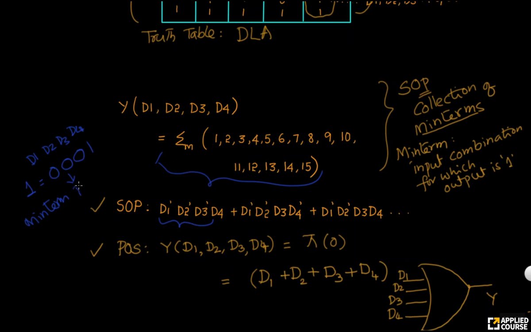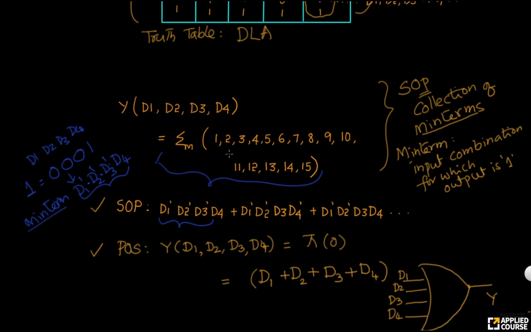So I have to write D1 prime, because 0 into D2 prime, again it is 0 into D3 prime, again it is 0, and finally D4. This is a product representing the input combination 0001. This is one min term.